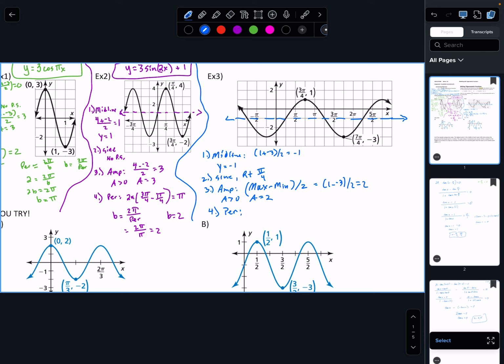And then we have the period. And we are going to look at consecutive max and min. In between there, what is the horizontal distance? So subtract the x values, but that's only half a period, so double it.